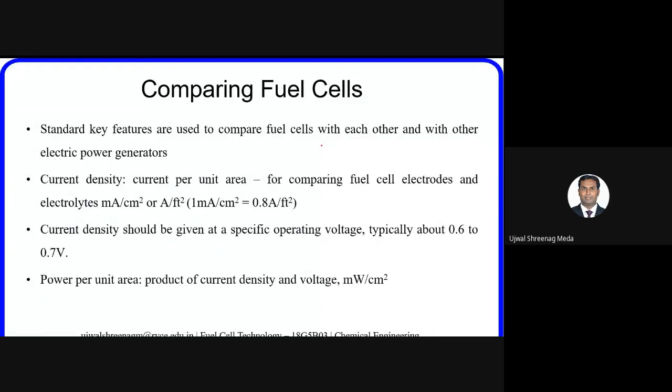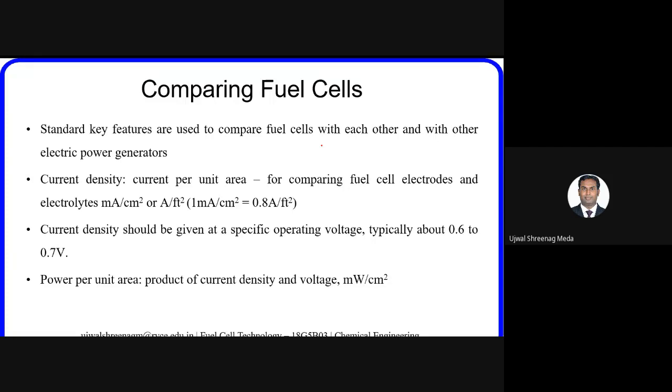Now we are talking so much about fuel cells, and they are used for electricity generation. For this purpose, we need certain terms in order to compare the performance of fuel cells with other conventional energy generation systems. And these terminologies should be common everywhere.